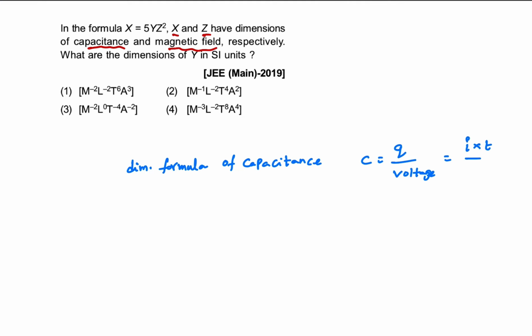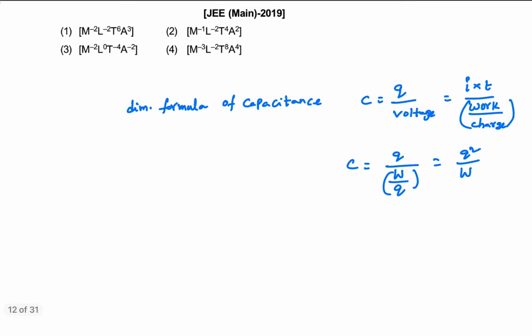Charge is current into time taken, divided by voltage, which is work done per unit charge. So C is equal to Q divided by work done by Q, which gives Q square divided by the work done.